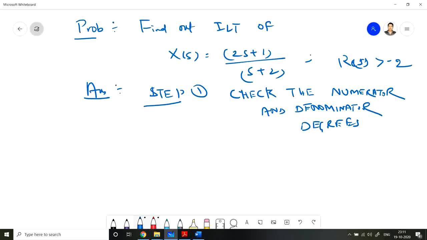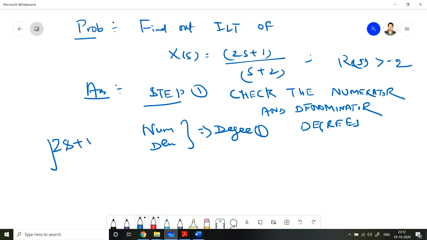We can see that for both numerator and denominator, the highest degree is 1. So we can write this expression in another form. When we have the same degree, we can perform the division as the first step. So what is that division result?